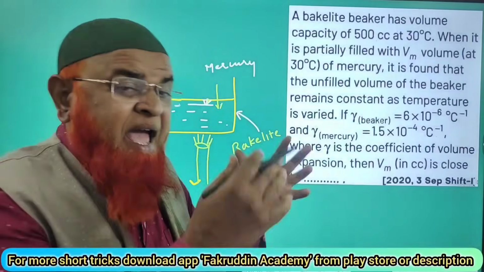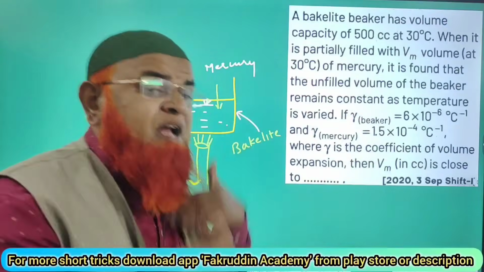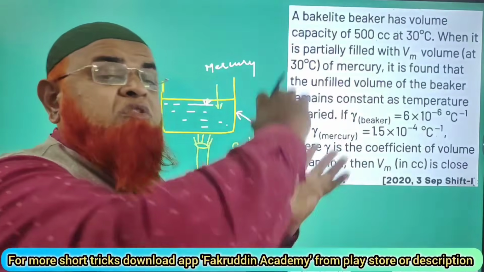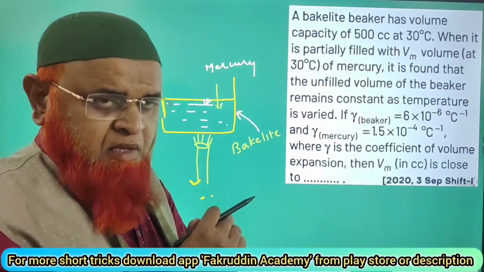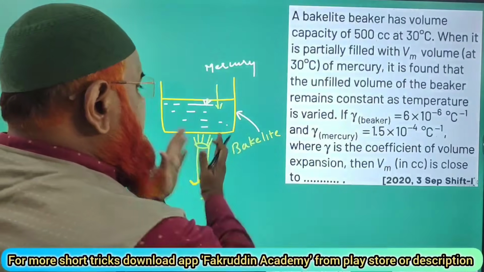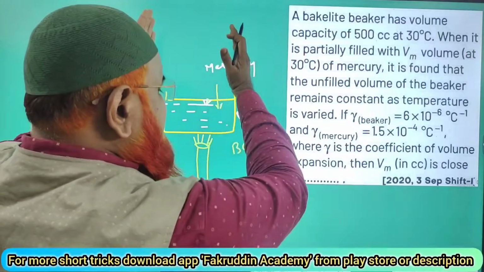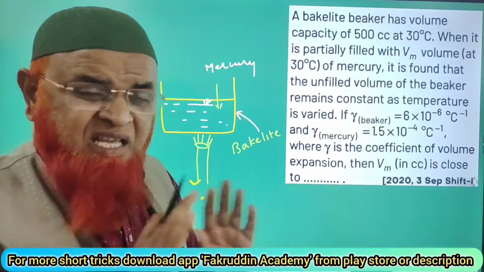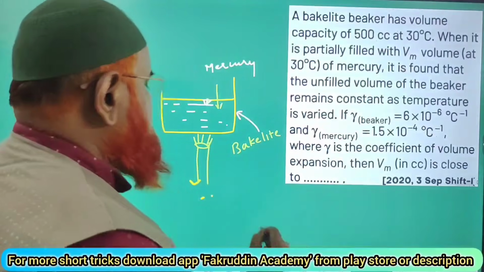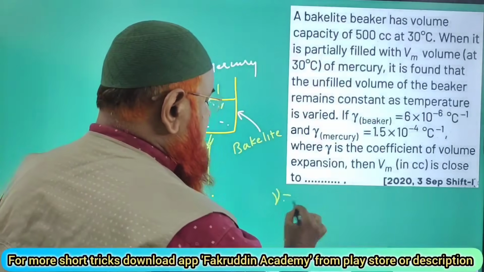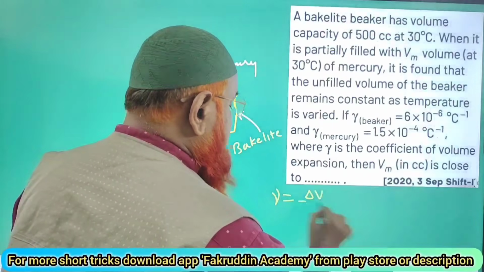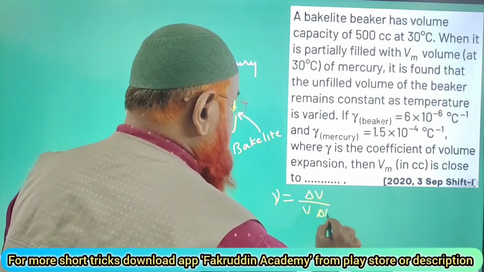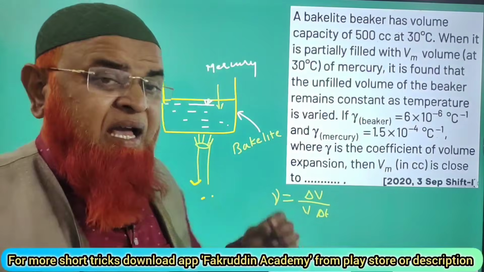what is happening? Expansion of bakelite and expansion of mercury, both are equal. Understood what I am telling? If expansion of the beaker is increasing, mercury is also increasing equally. Then what happens? There is a formula: gamma is equal to delta V by V into delta T. What is the meaning of this?